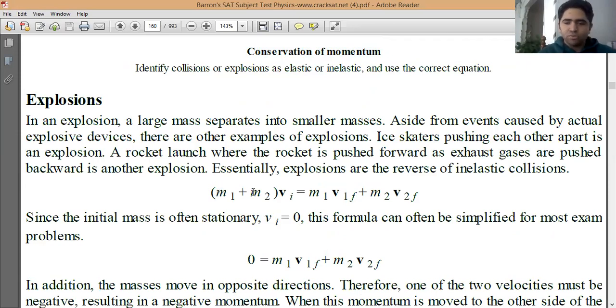M1 plus M2 times initial velocity, which is going to be zero. It's zero because before the explosion, no particle has any velocity. So that equals, now here we're going to have M1 multiplied by V1 final after the collision, plus M2 times V2.